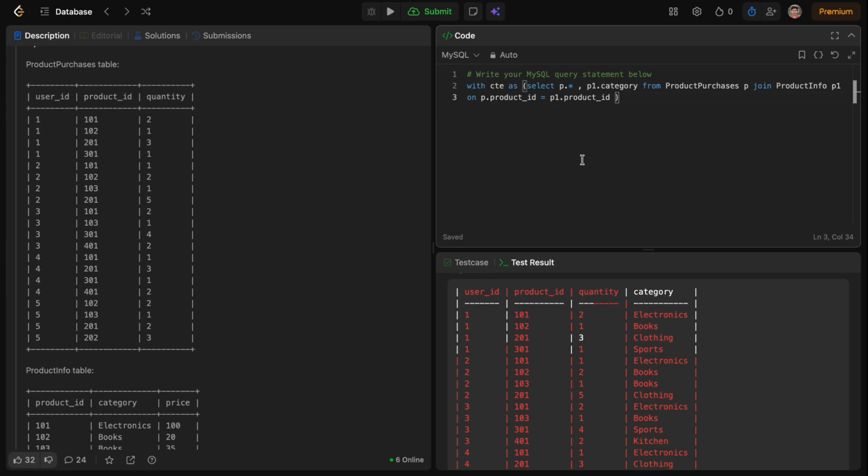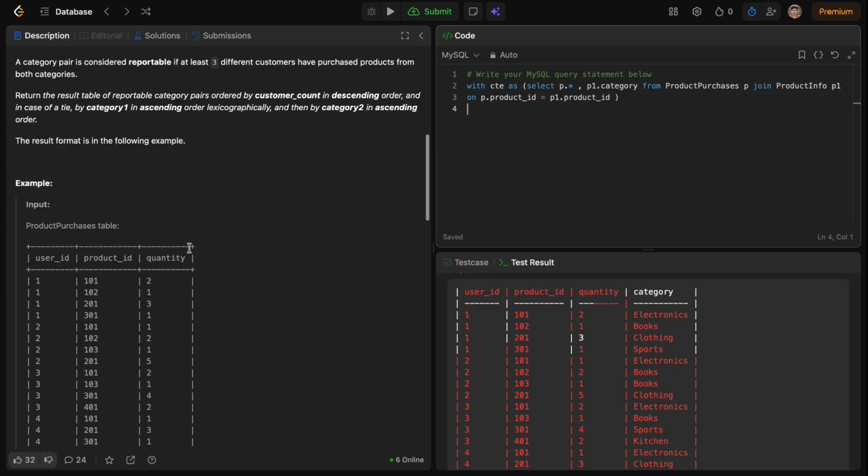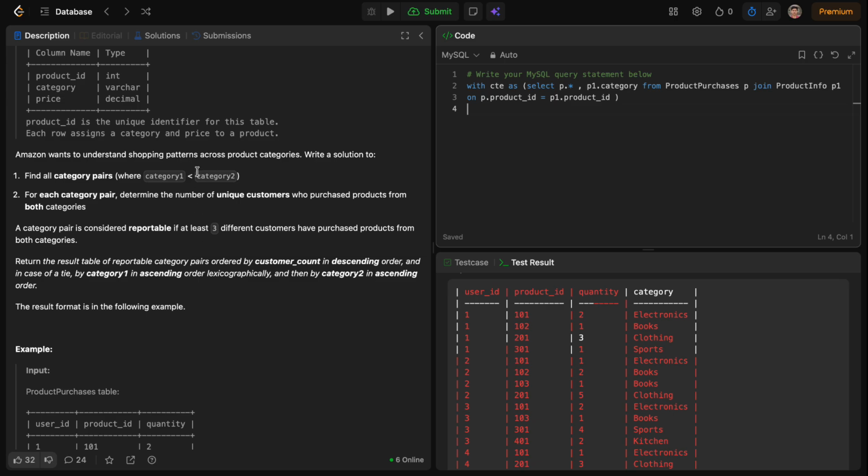Perfect, it gives us the desired output, showing which category each product ID belongs to. I am making this a temporary table using a CTE. Now our target is to apply the condition, the category pair where category 1 is less than category 2. So we have to self join this temporary table based on the user ID, where category 1 is less than category 2.